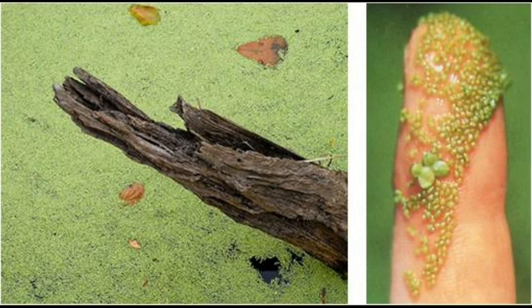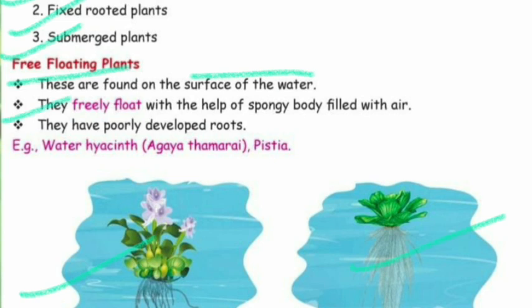Just observe this picture, which is on the finger, how delicate it is. They float freely with the help of their spongy body. These plants float on the surface of the water like a sponge filled with air, not water. Filled with air, so it feels like a sponge.